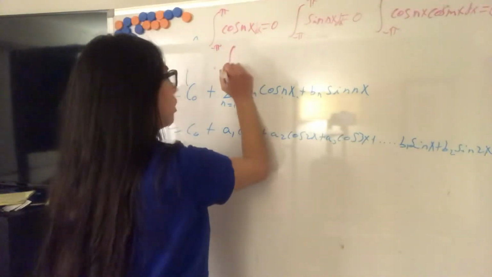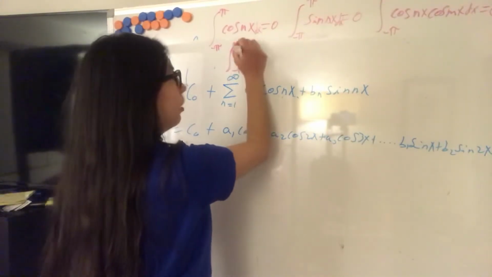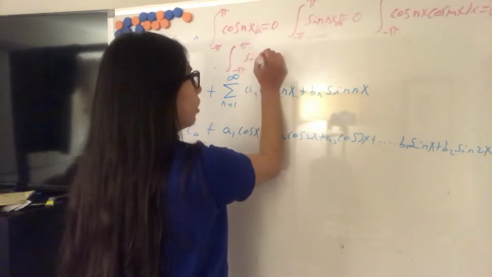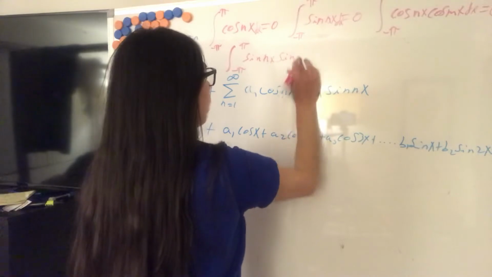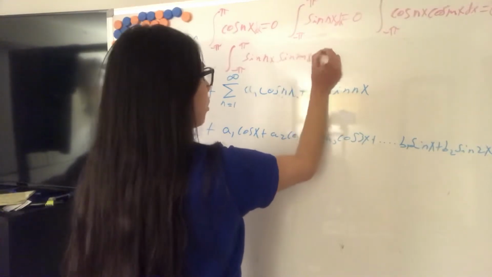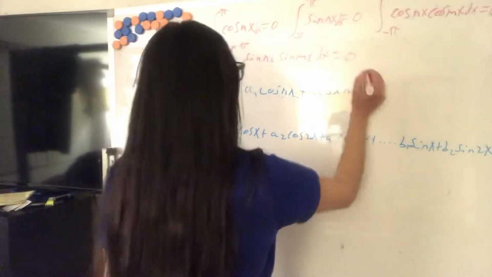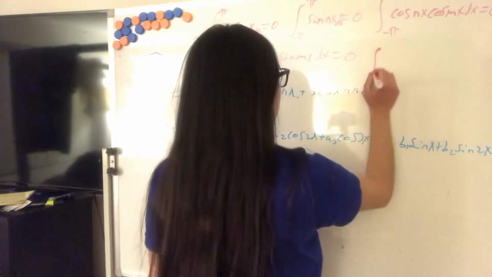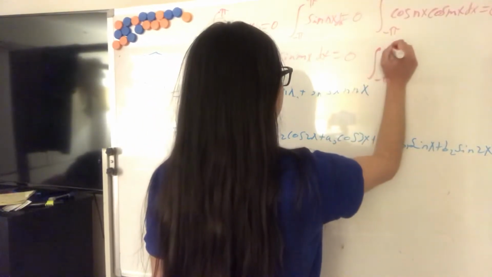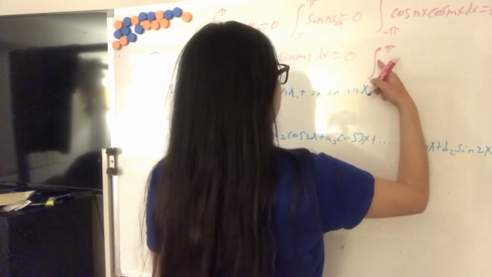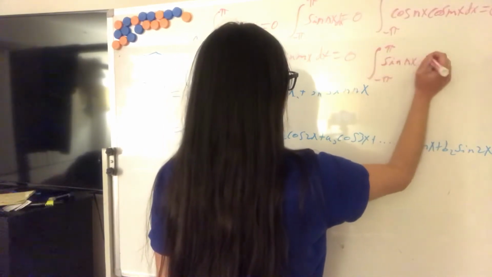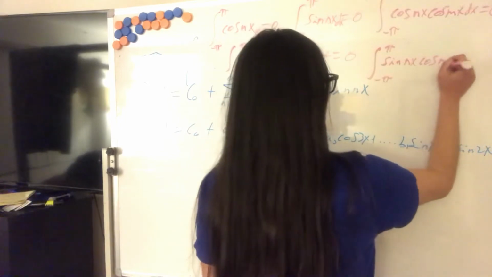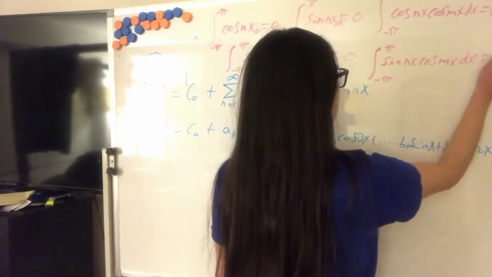Also the integral from minus pi to pi of sine nx sine mx dx is equal to 0. Also the defined integral from minus pi to pi of sine nx cosine mx dx is 0.